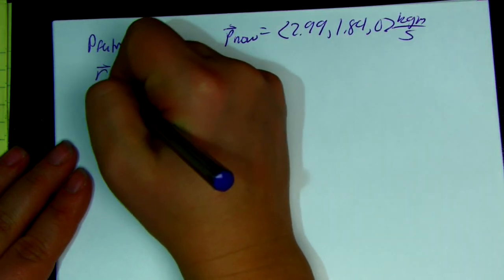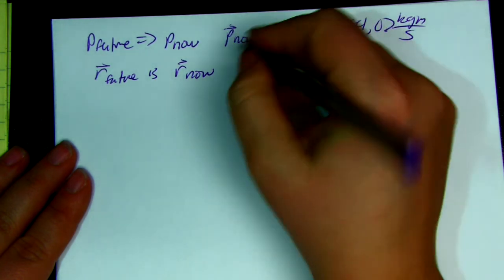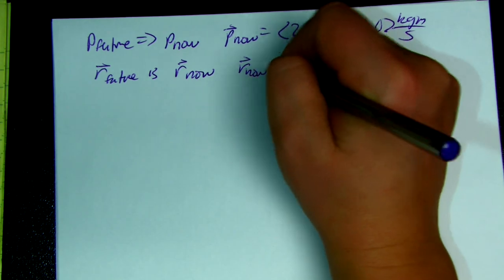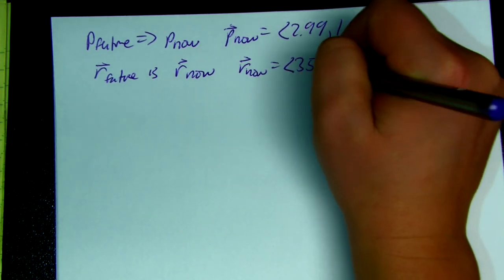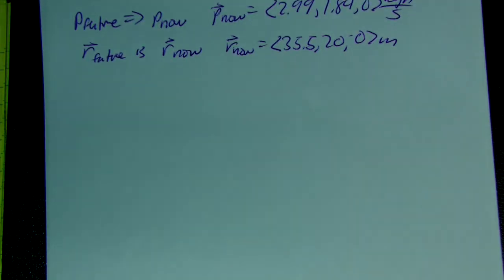And r future becomes r now. And so r now is equal to <32.5, 320, 0> meters. So now we can go ahead and do the next step.